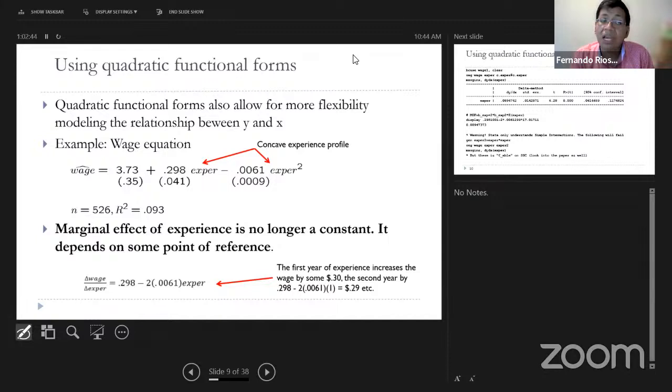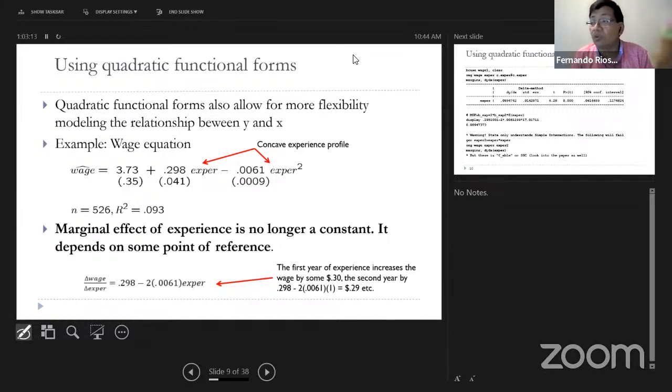Most of the time, assuming a linear regression is fine for the means, for the average person. However, extending that to everybody in the population is a very strong assumption. So one of the things that we like to do is to say, let's assume that it's not exactly linear, but it's something else. Let's try to capture that additional flexibility and add that to the model.